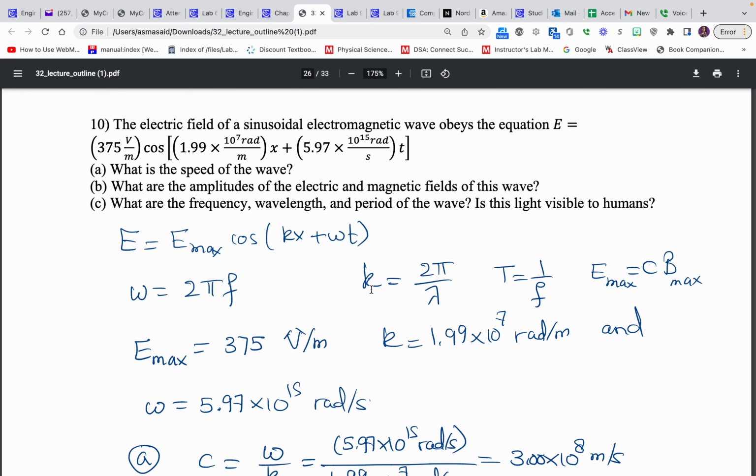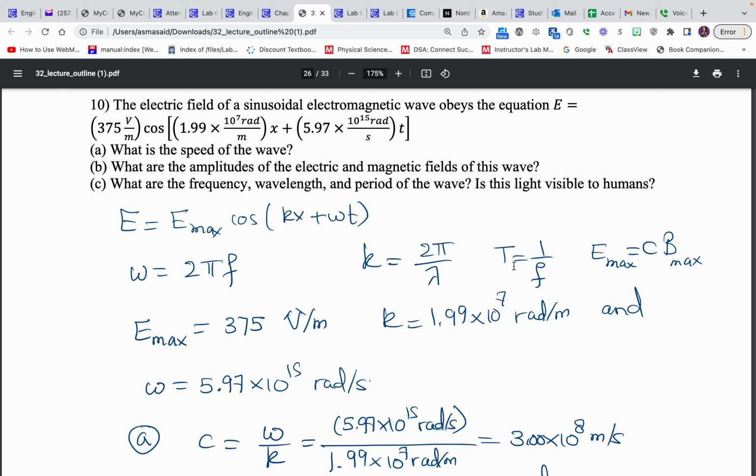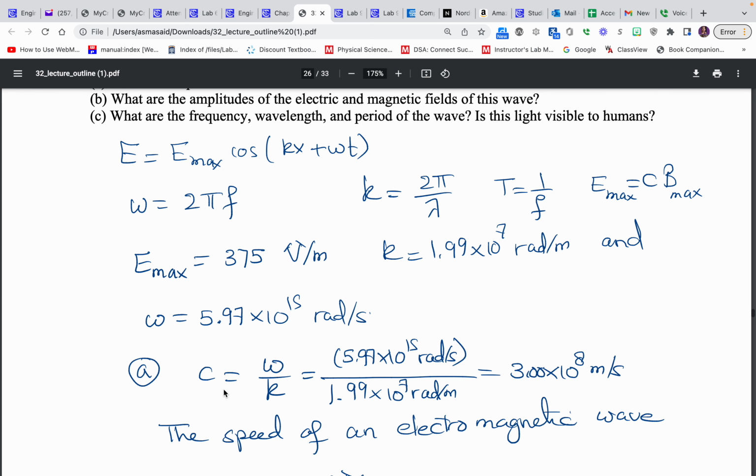K is the wave number, and it is 2 pi divided by lambda. T equals 1 over f, and E maximum equals c B maximum. Now, E maximum is 375, K, which is the wave number, is 1.99 times 10 to the 7 radians per meter, and omega is 5.97.